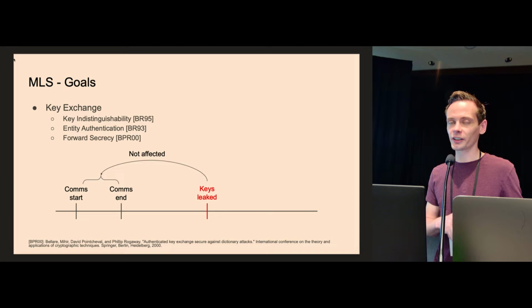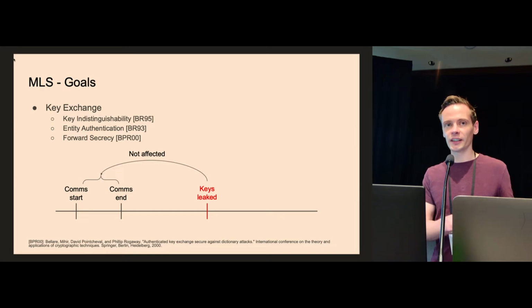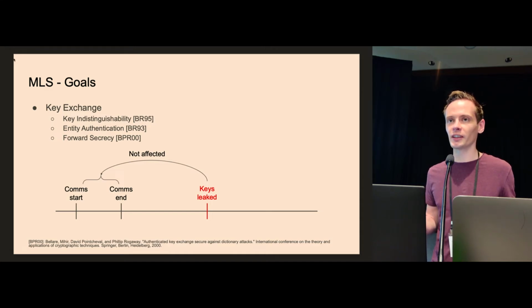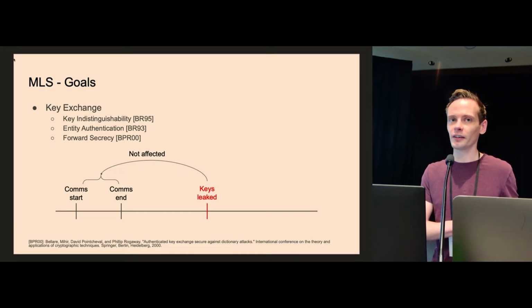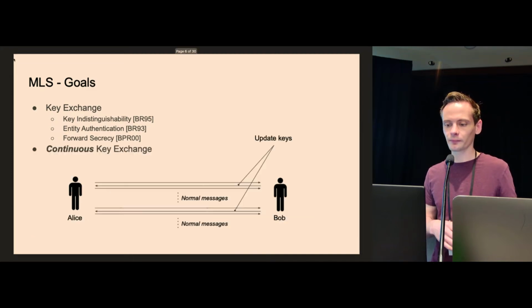In forward secrecy, the scenario is that Alice and Bob started the communication in the past, they did the key exchange, they used the keys for a while, and then the communication ends, so they throw away their keys. But in the future, either Alice or Bob's state is leaked, potentially including the long-term keys such as signing keys, and this leakage should not negatively affect the security of the original key exchange.